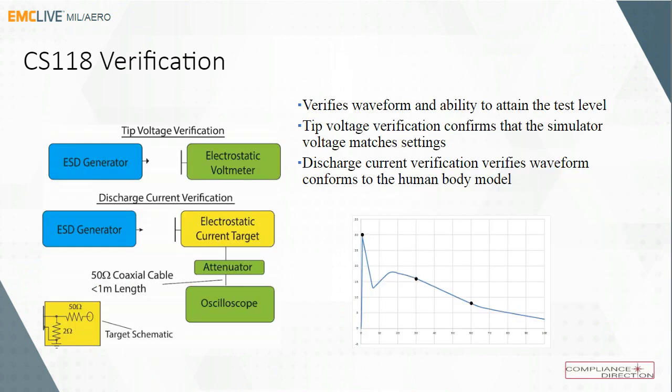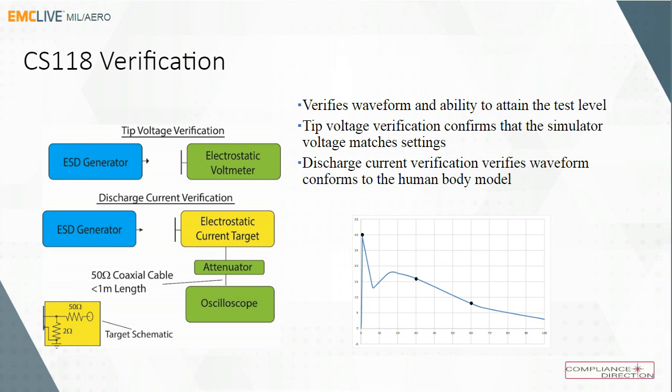The CS118 verification process validates the waveform and the ability to determine the test level. You'll see that there's a couple of steps involved here where the tip voltage verification is done. That confirms the simulator voltage matches the settings. So if we adjust the ESD generator to 8 kV, that electrostatic voltmeter should read 8 kV within the tolerance band. So we do that using an air discharge tip to see that it's present.